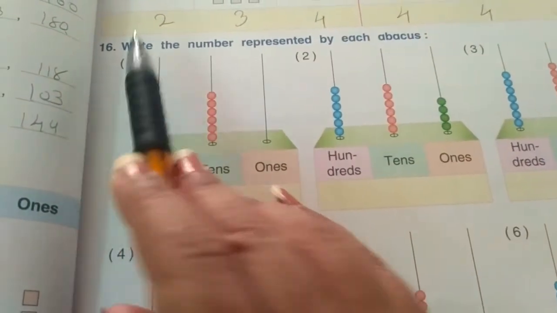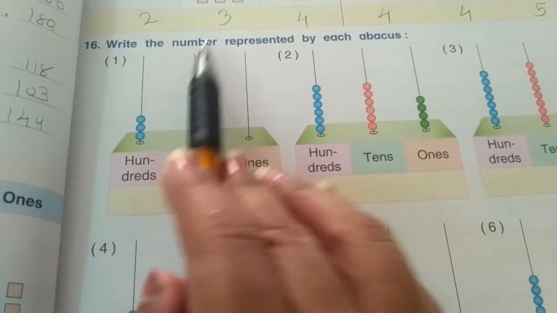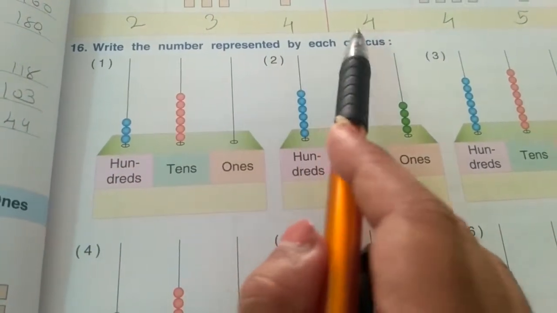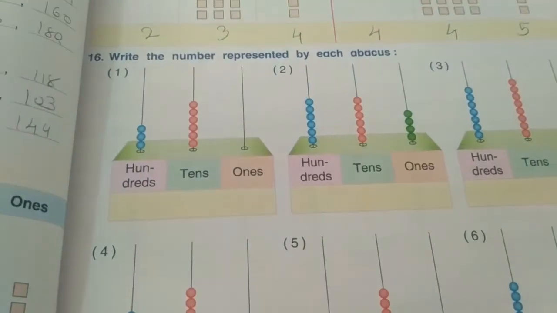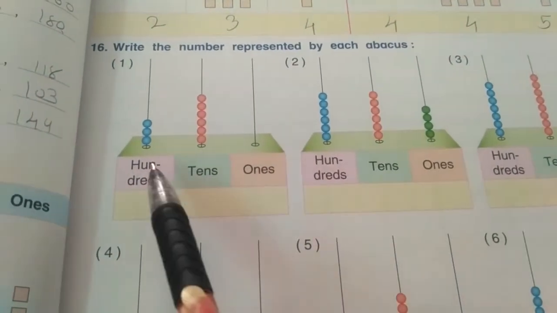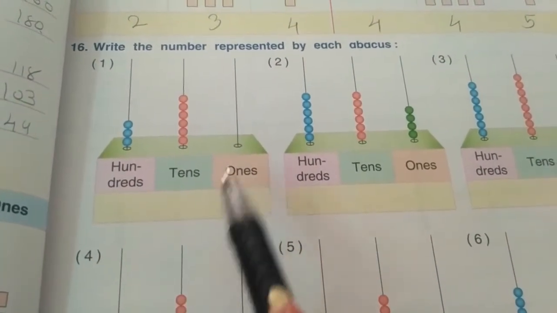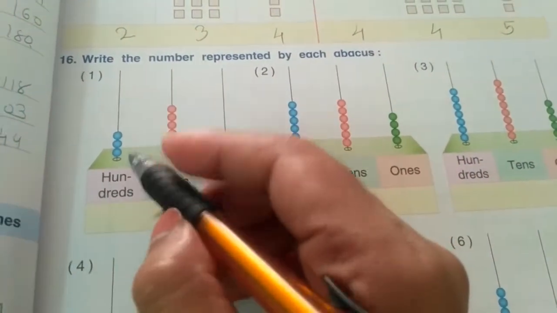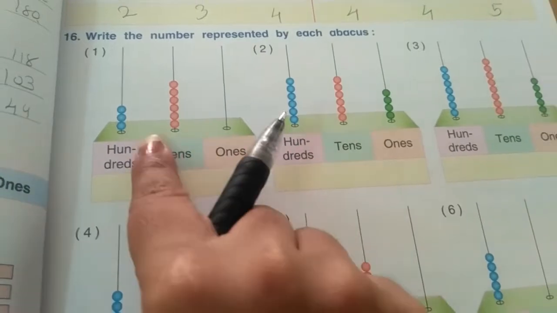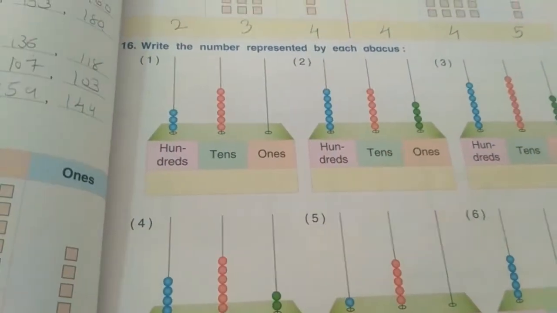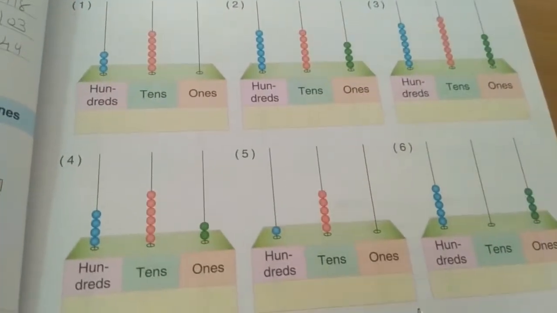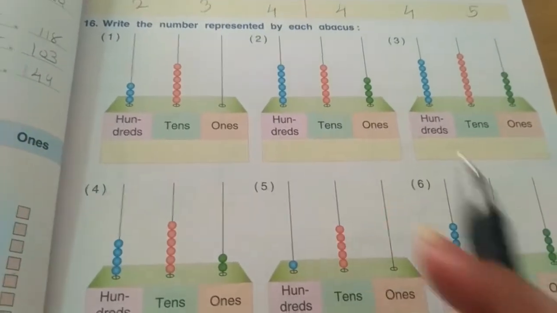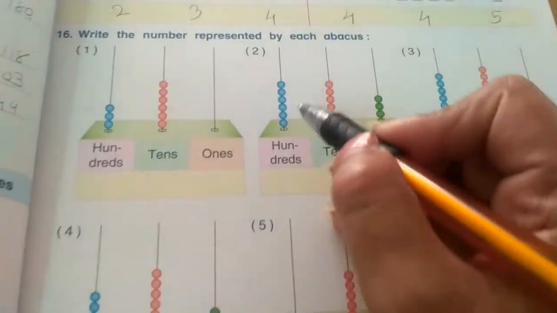See, question number 16, write the number represented by each abacus. Here you have to write down the numbers represented by each abacus, which we have already done. I will do some examples for you, and you have to do the other examples yourself.